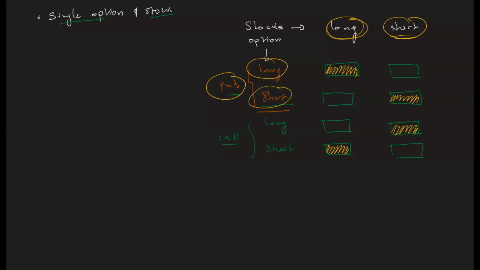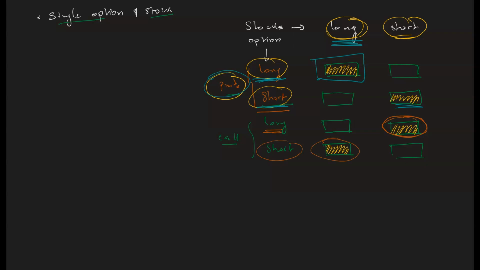So with puts, we take the same position with the option as with the stock: long, long, short, short. However, for the call, we take the opposite position. If we go long with the call, we take a short position in the stock. And if we go short with the call, we take long with the stock.